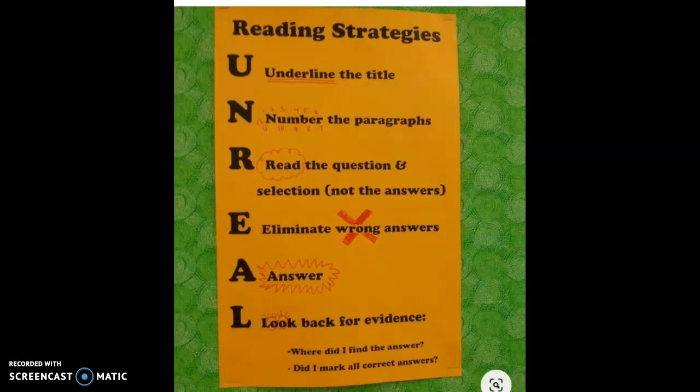You still went back and looked for your evidence. And then you want to double check to make sure, did I mark all of the correct answers? The L is most important because it's making sure that you went back and actually looked for your answer. You didn't just guess. So this will give you a better chance of getting a higher score and a better understanding of what you have read.